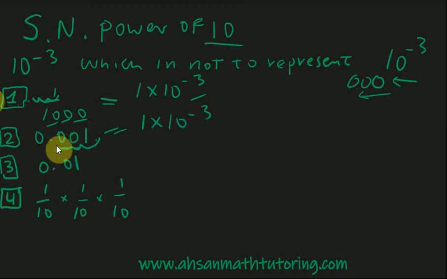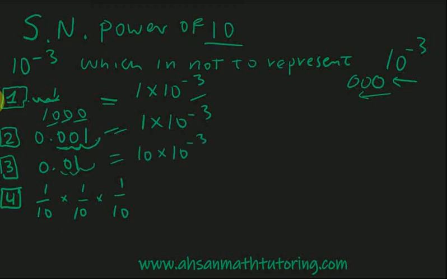What about the second one? You go 1, 2, 3, right? So 1, 2, 3, your decimal point ends here. So this becomes 1 times 10 to the negative 3, right? If you do it like this.